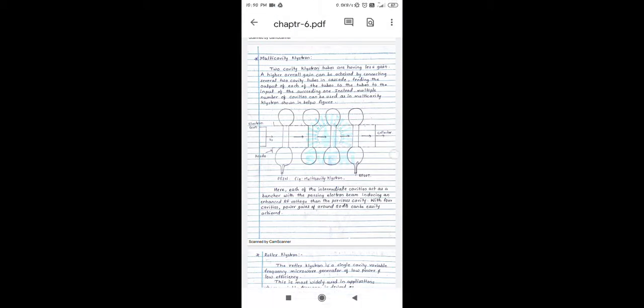Instead, multiple cavities can be used as in the multi-cavity klystron, as shown in the figure below. So here it is showing four cavities used. This terminal is the anode, here it is the collector. From the first cavity we give the RF input, and from the last cavity we take the output.